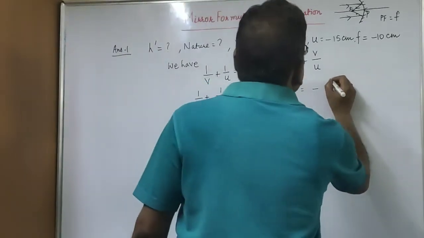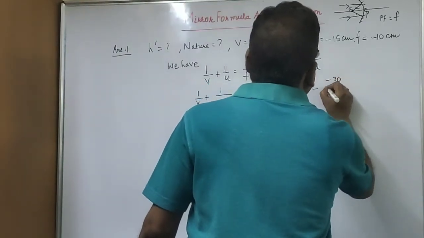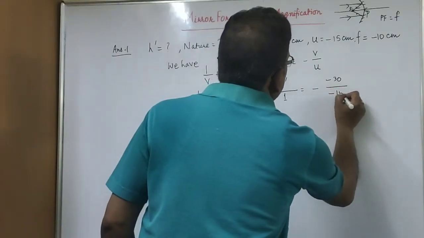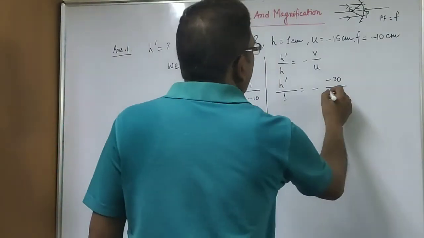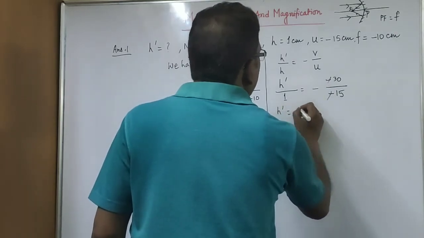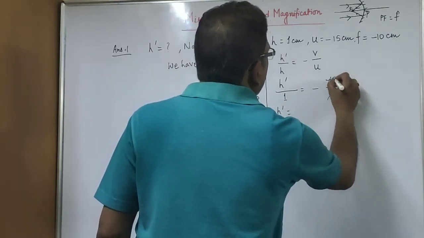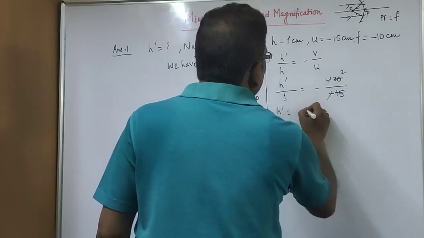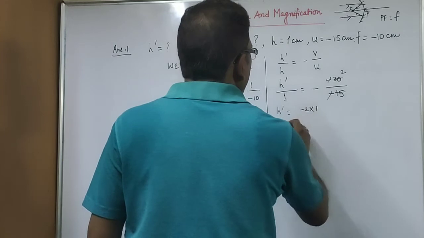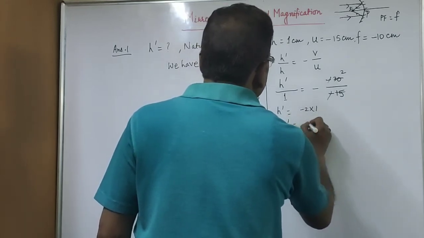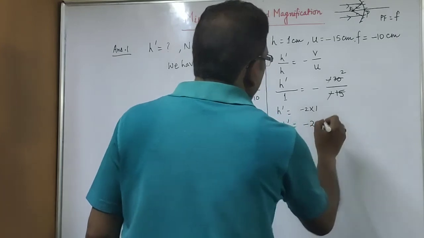We have calculated, it is minus 30. And how much is u? u is minus 15. So the minus signs cancel. 15 twos are 30. So it will be minus 2 into 1, cross multiplication. Therefore, h dash is equal to minus 2 centimeter.